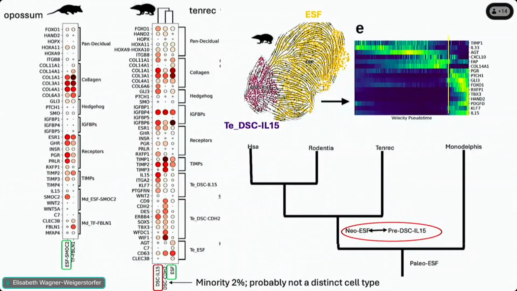And then we have the first form of the decidual cell, which we call IL-15, because they have this characteristic marker. We can see from what's called RNA velocity analysis that the endometrial stromal fibroblasts from tenrec have an ontogenetic trajectory to become these decidual cells, this IL-15 expressing form.